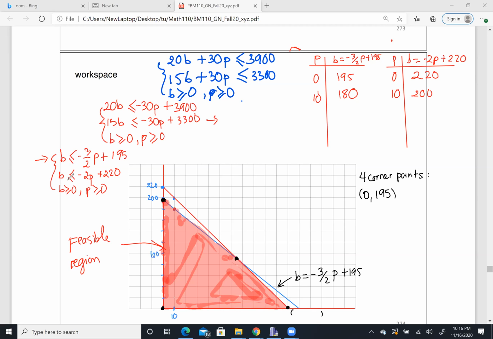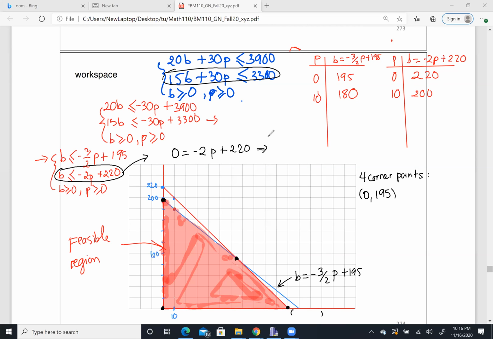Let's use this one, or I can even use this one, that's fine too, but let's just use this one. So if I put b equals 0, I have 0 equal to negative 2p plus 220.